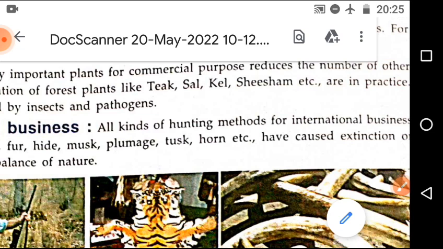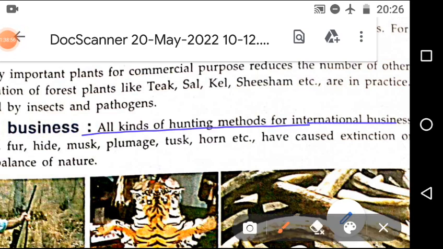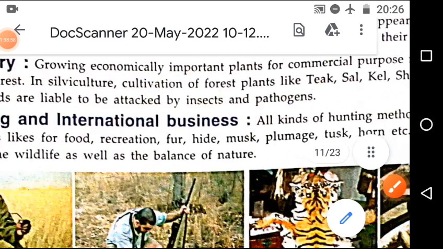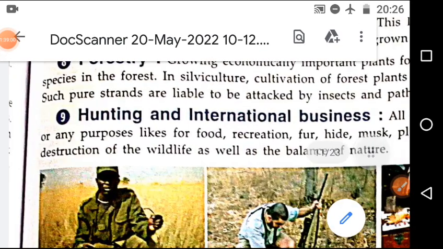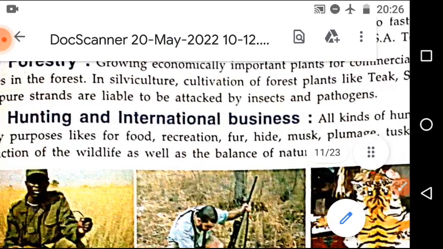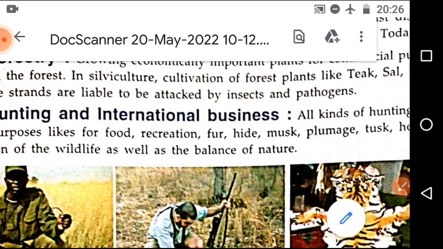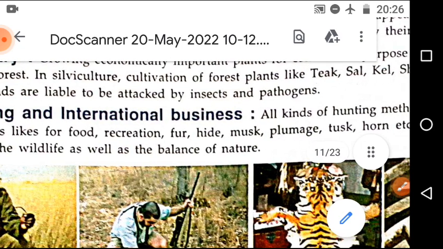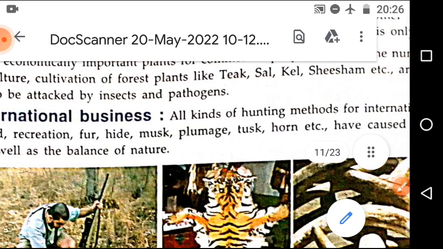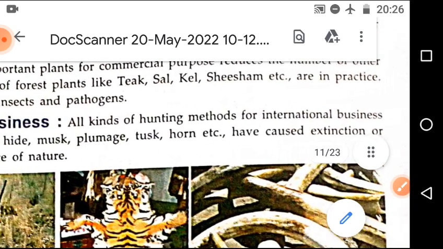So all kinds of hunting methods for international business, for any purpose, like for food, for recreation, fur, hide, mask, plumage, tusk, horn, etc., have caused extinction of wildlife.